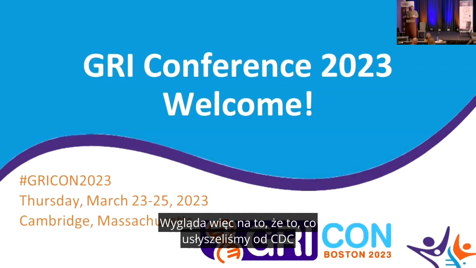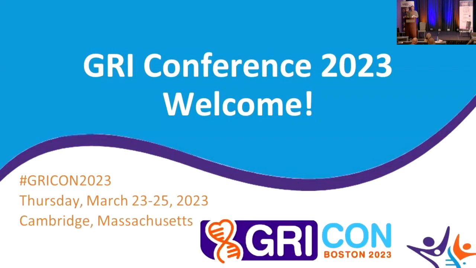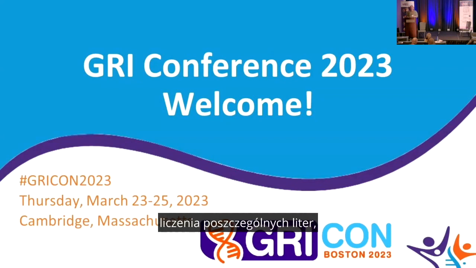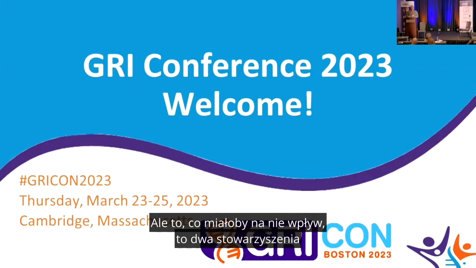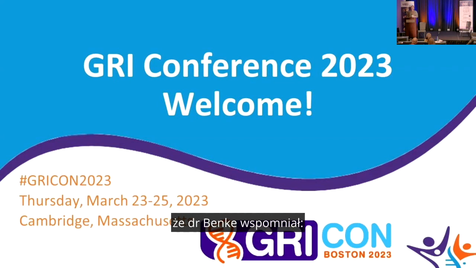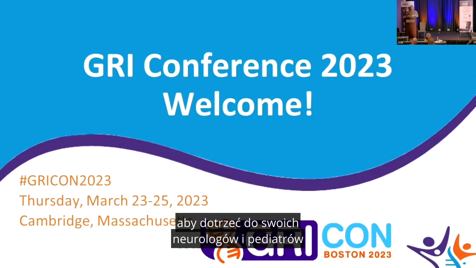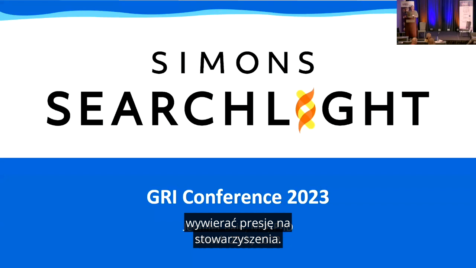What we've heard from the CDC is that they're not necessarily in the habit of counting individual letters, but what would influence them are the two associations Dr. Benke mentioned, the group of neurologists and pediatricians. So we may be asking families to reach out to their neurologists and pediatricians to put pressure on the associations.